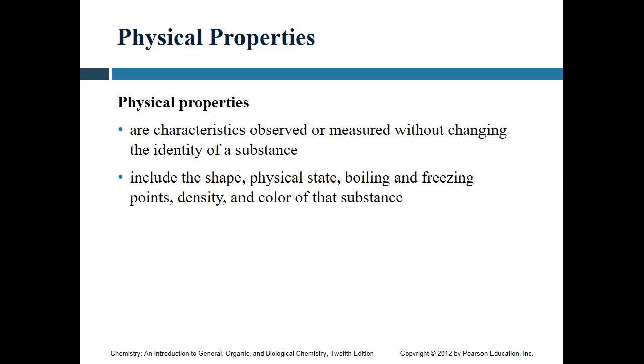I can also tell you that it is a solid. I can tell you that it has a certain density. So all of those things that I'm describing, those are physical properties. They're the things that are easily described, and we don't really have to do anything other than just watch them.